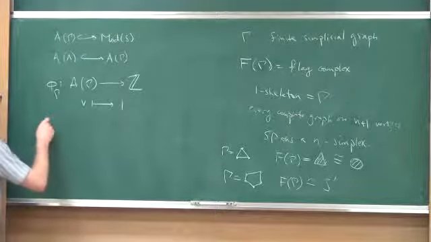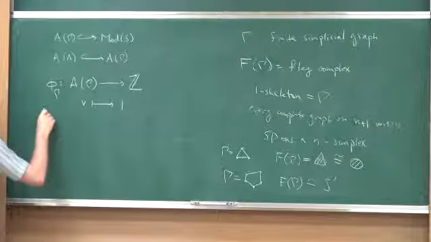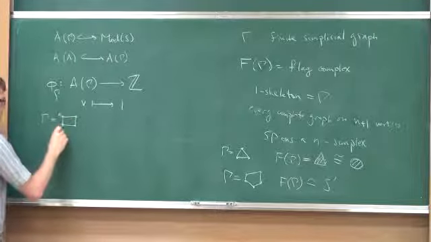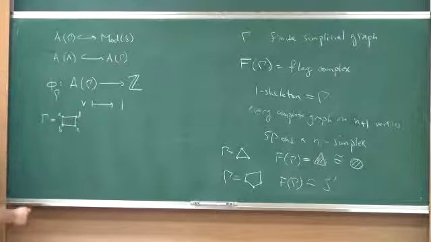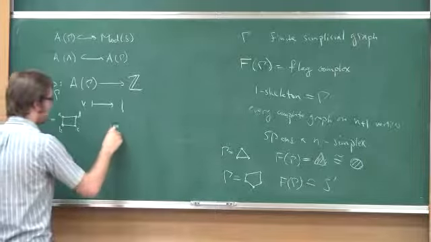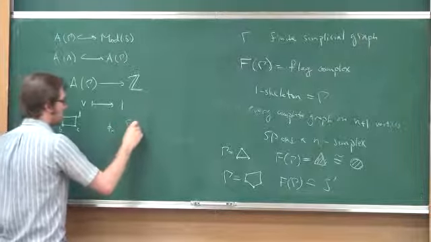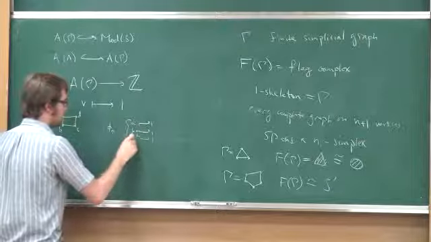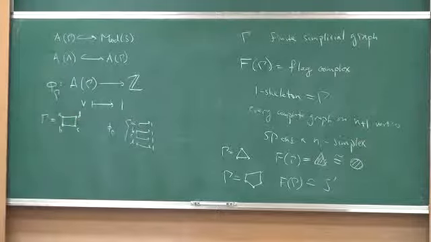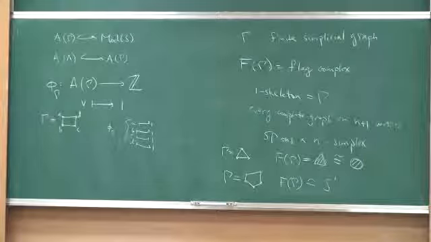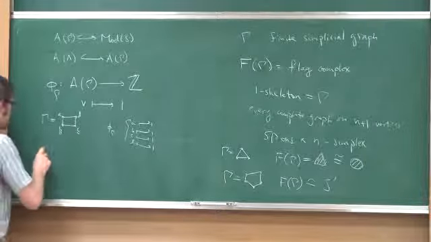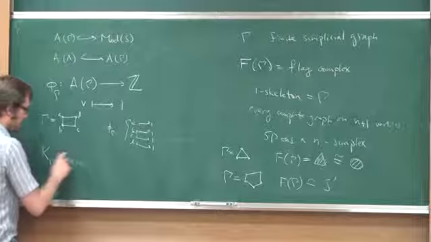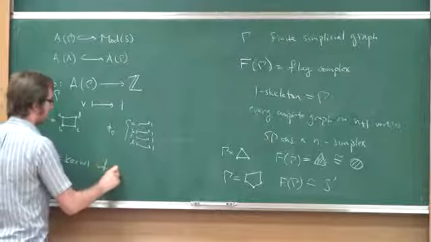So for instance, if gamma is labeled A, B, C, D, then phi of gamma maps A to 1, B to 1, C to 1, and D to 1. So it's not any particular vertex, it's each vertex gets mapped to 1. And we'll write K sub gamma for the kernel of phi gamma.